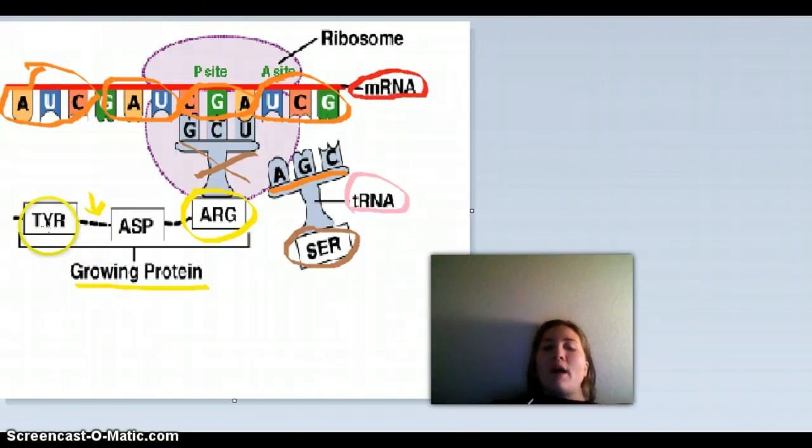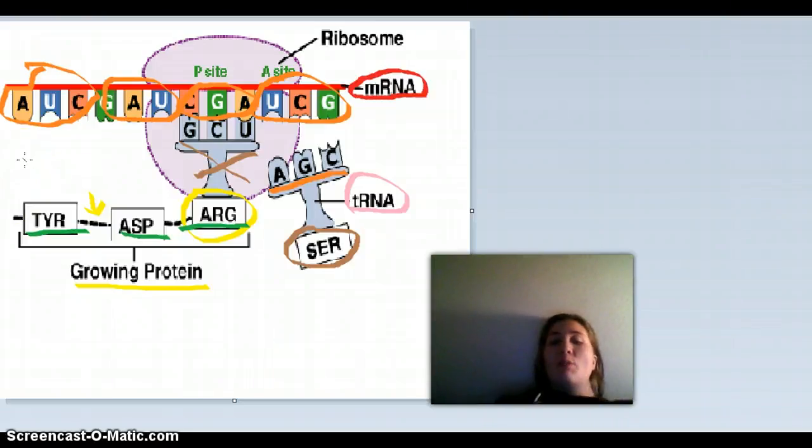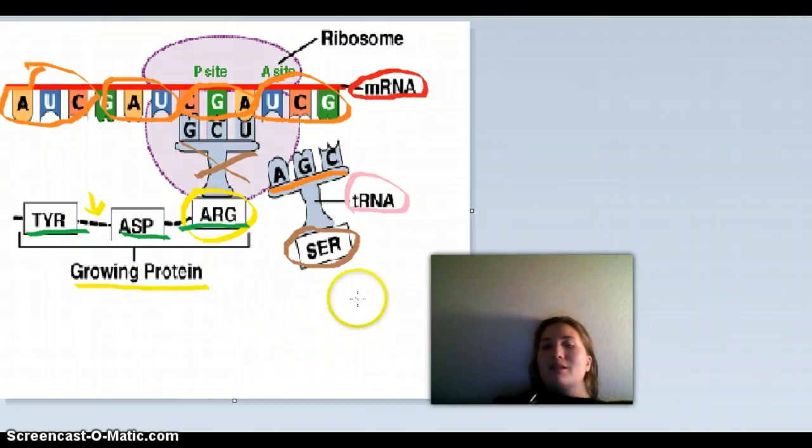And when you have more than one peptide bond, or amino groups connected together, it's called a polypeptide chain, and the polypeptide chain will eventually make the protein. So this is the basics of translation, and thank you for watching.